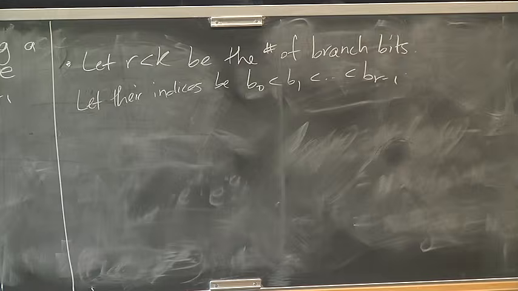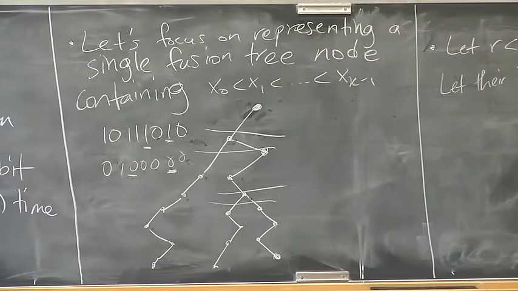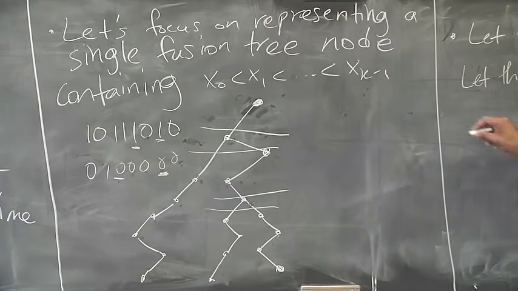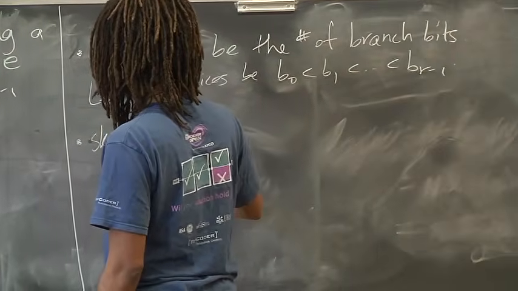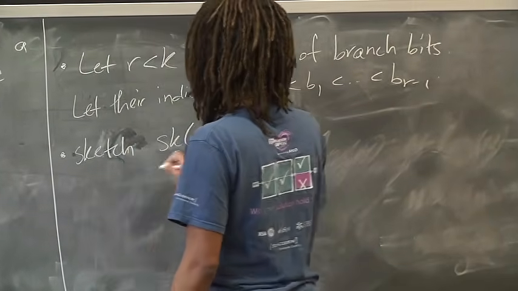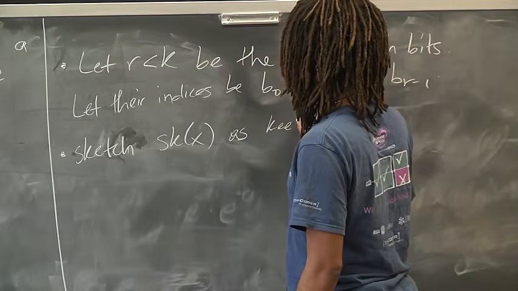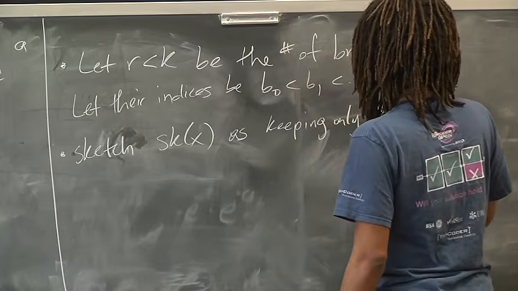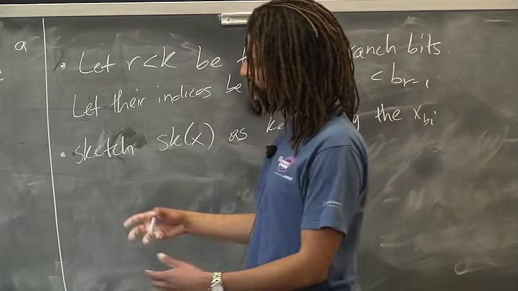Don't worry, we're not anywhere near done. There are going to be some issues that we're going to see very soon. I'm going to define a sketch, sk of x, as keeping only the x sub bi bits.